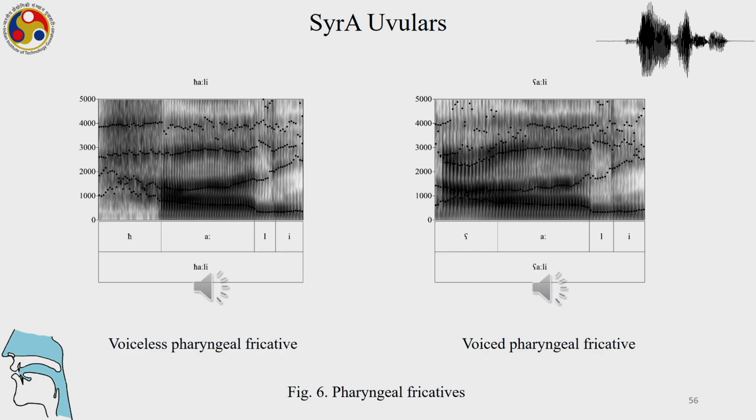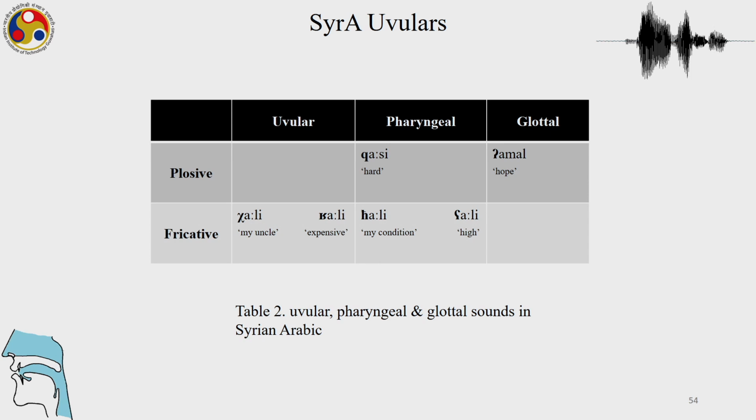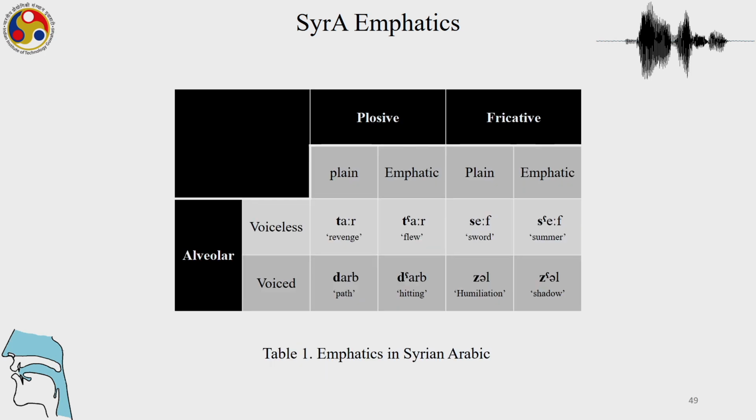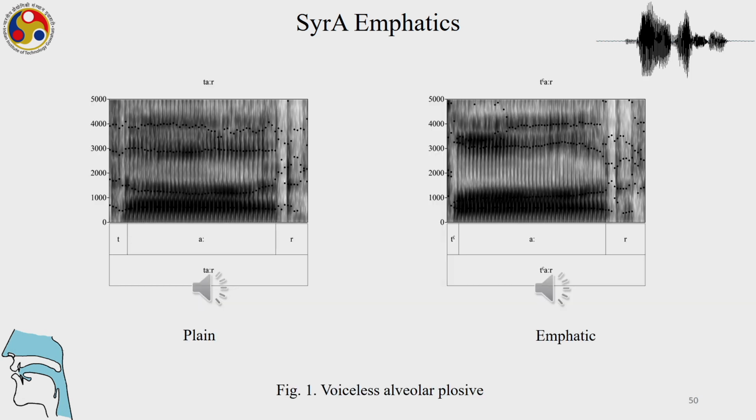Earlier, we saw that among the fricatives in Arabic, the uvular, pharyngeal, and glottal sounds contrast. In the plosives, we have pharyngeal and glottal. Apart from that, we also have emphatic sounds, which are obstruents that can be glottalized, pharyngealized or laryngealized depending on various other factors, mostly historical.